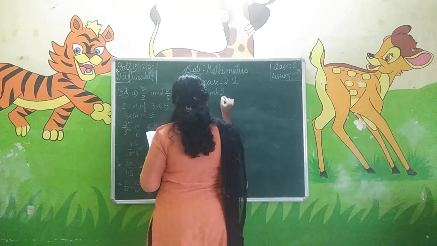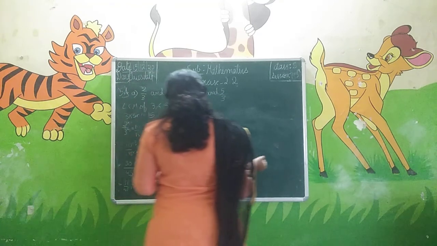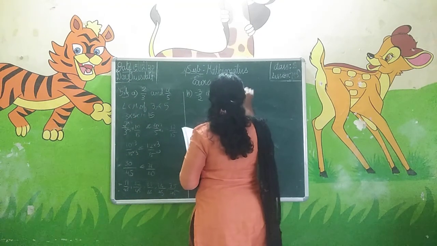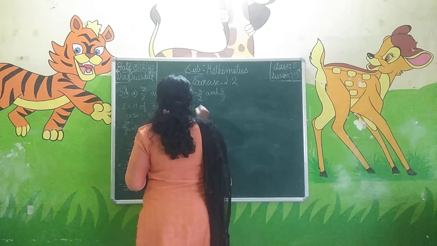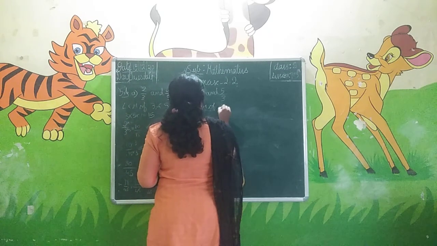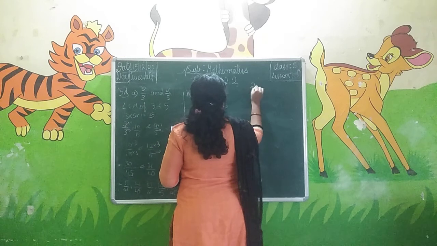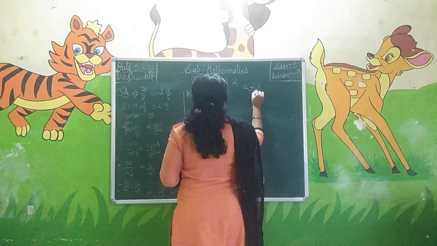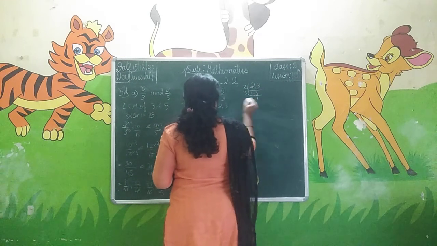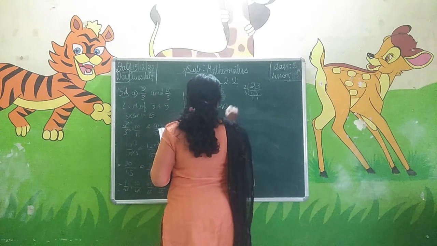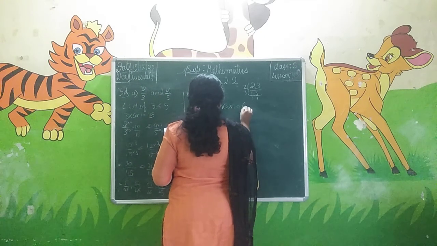We can directly find it very easily. We have to take the LCM of 2 and 3: 2 ones are 2, 3 ones are 3. 2 into 3 into 1 is equal to 6.